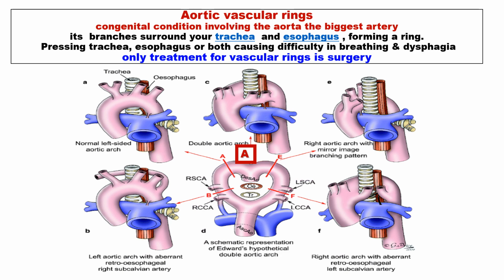The other is a left aortic arch where we have an aberrant retroesophageal right subclavian artery, which goes behind the esophagus. The third most common cause of a vascular ring is a right aortic arch where we have an abnormal retroesophageal left subclavian artery.